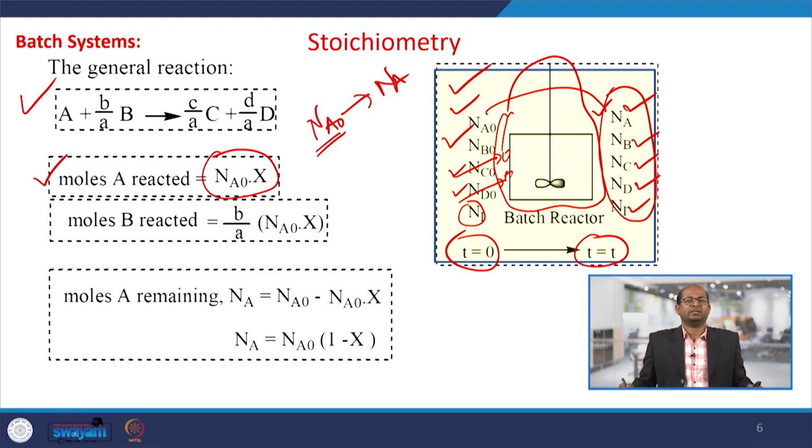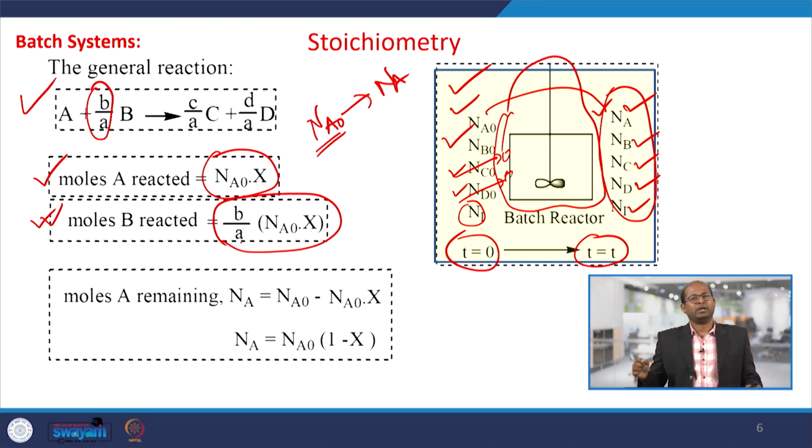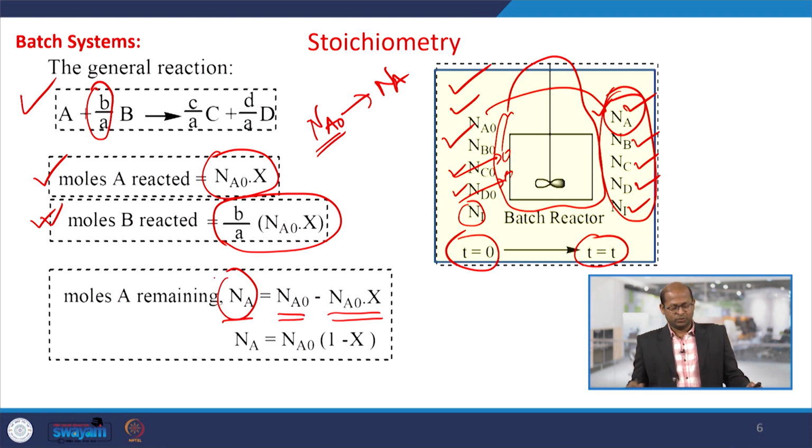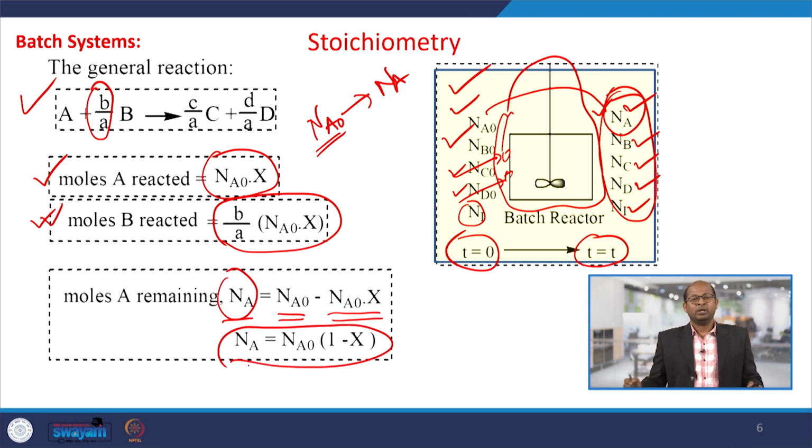Similarly for component B, depending upon the stoichiometric ratio, the moles of B consumed are b/a times Na0 times X. The moles remaining inside the reactor are Na: initially you have taken Na0 and that much has reacted, and the subtraction gives the moles remaining. So we can write Na equals Na0 minus Na0 times X.